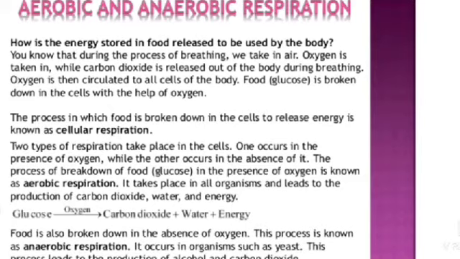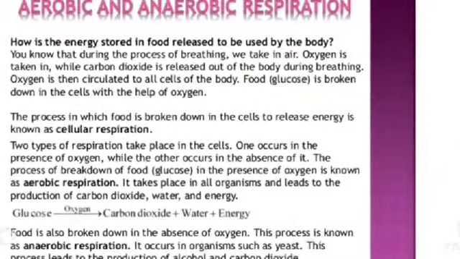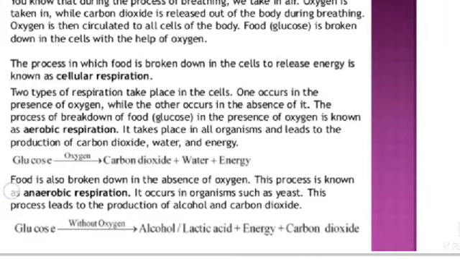Oxygen is then circulated to all the cells of the body. Food glucose is broken down in the cells with the help of oxygen. The process in which food is broken down in the cells to release energy is known as cellular respiration.